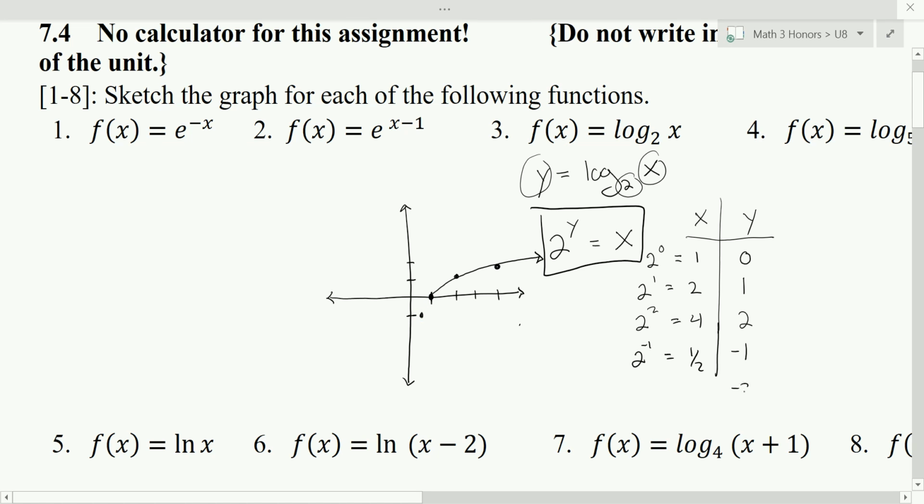If I plug in -2 for y, I get 2 to the -2, which is... sorry, I'm doing that wrong, +1/4. And so it's just going to get closer and closer to the y-axis, but never hit it. And so we have a vertical asymptote here at x equals 0.